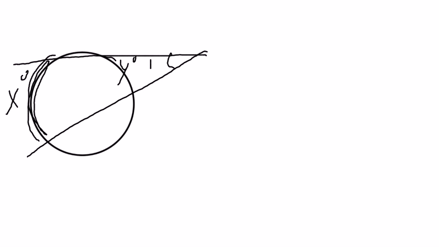Okay, the next thing is what if they intersect outside the circle? So they have, for example, something like this, where you have here's your angle. You can find that angle if you know this arc measure and that arc measure. If you know those two, you can find the angle.